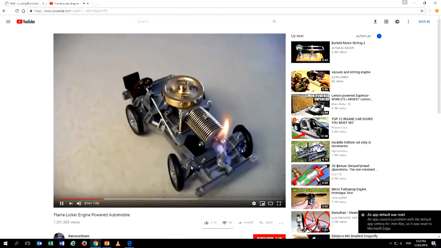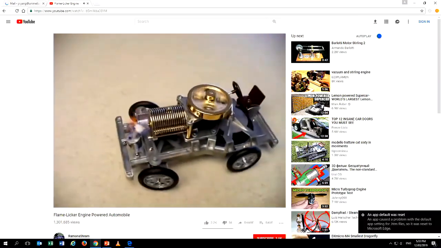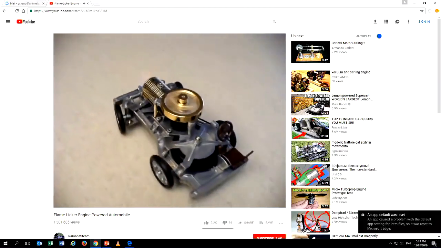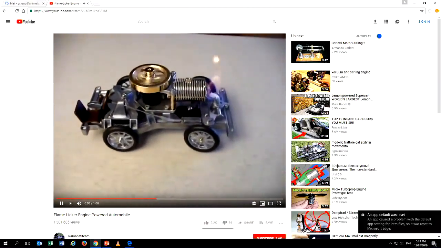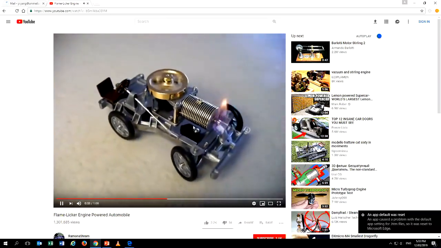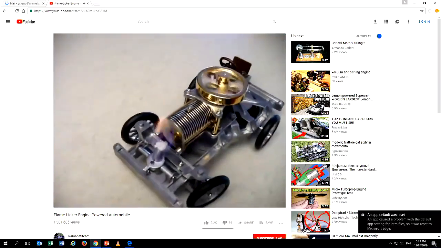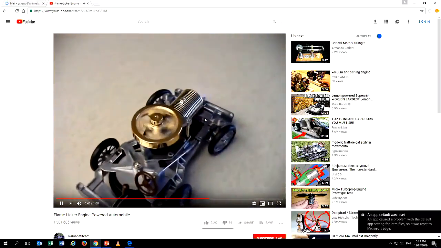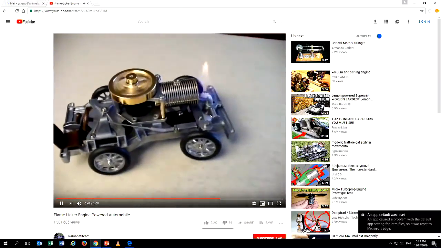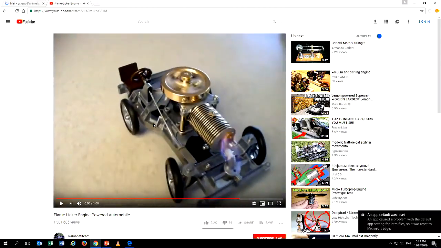This is a good demonstration of an external combustion engine where you can see the flame is indeed happening outside the engine. I think the fuel should be an alcohol type of fuel. When it's burned, it heats up this side of the wall, and the gas inside will expand to push the cylinders and do the work. That's a good demonstration that the combustion is really happening outside, where the working fluid stays.